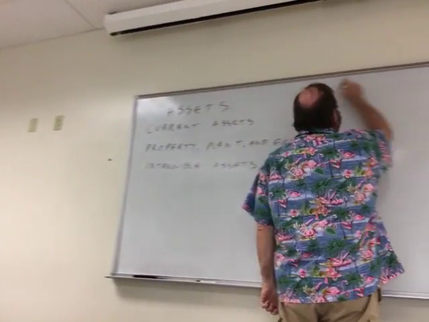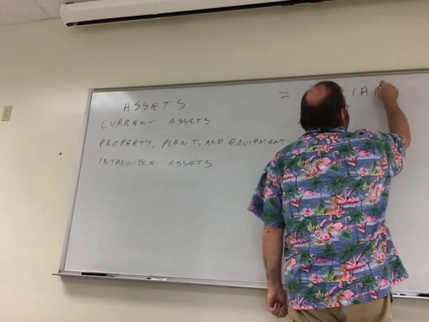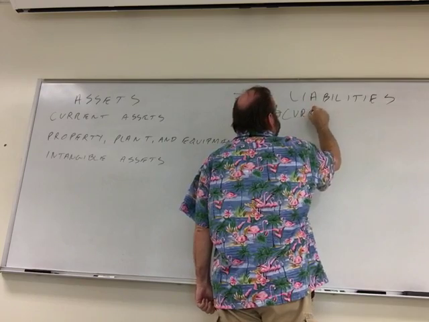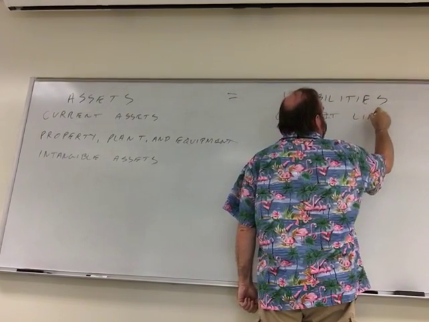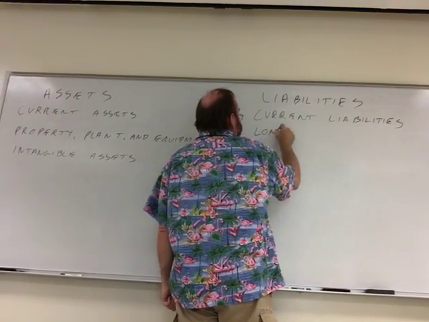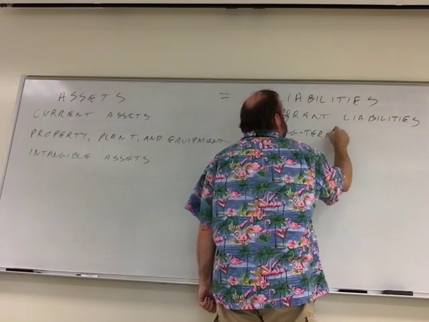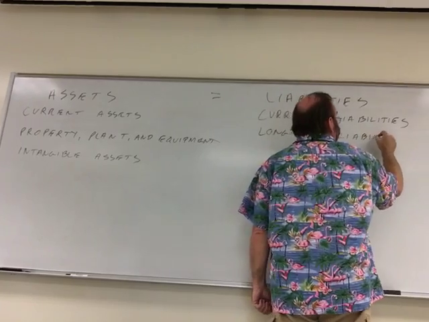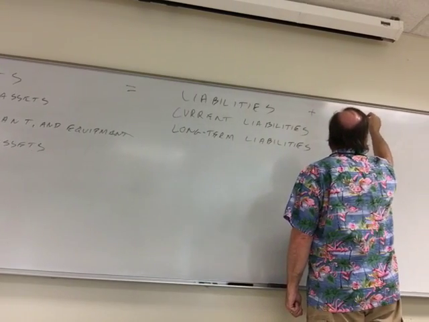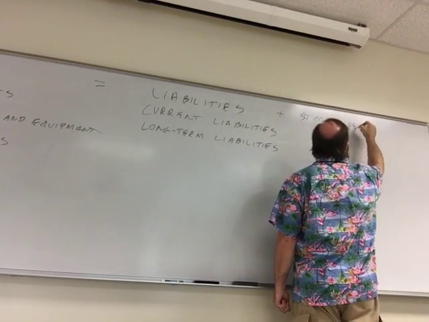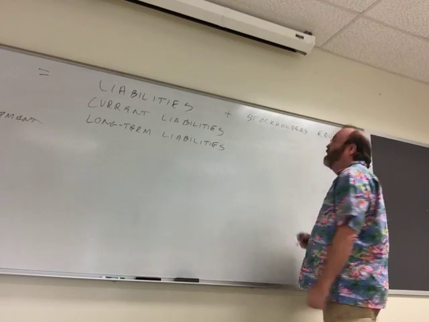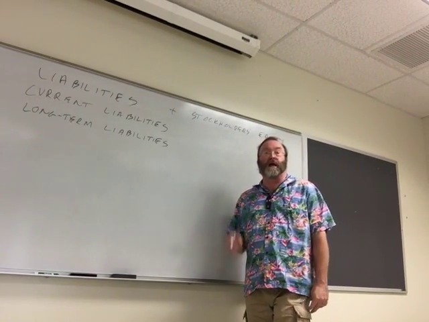Under liabilities, so assets equals liabilities, there's current liabilities and long-term liabilities. So there's two possible categories under liabilities.